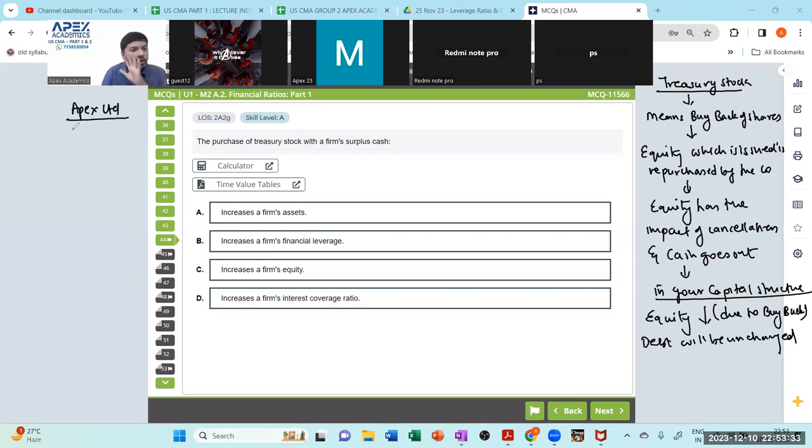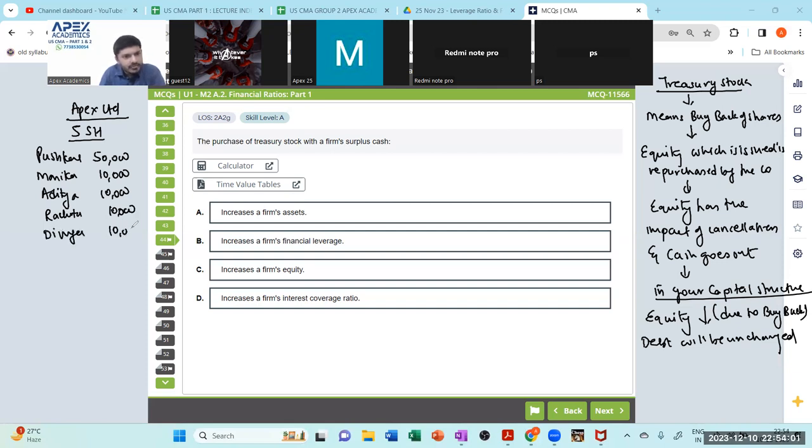Today Apex has 5 shareholders. Pushkar has 50,000 shares. Monica has 10,000 shares. Aditya has 10,000 shares. Rachita has 10,000 shares. Divya has 10,000 shares. Now the fifth one, Maruf, has 10,000 shares. Total 90,000 shares.